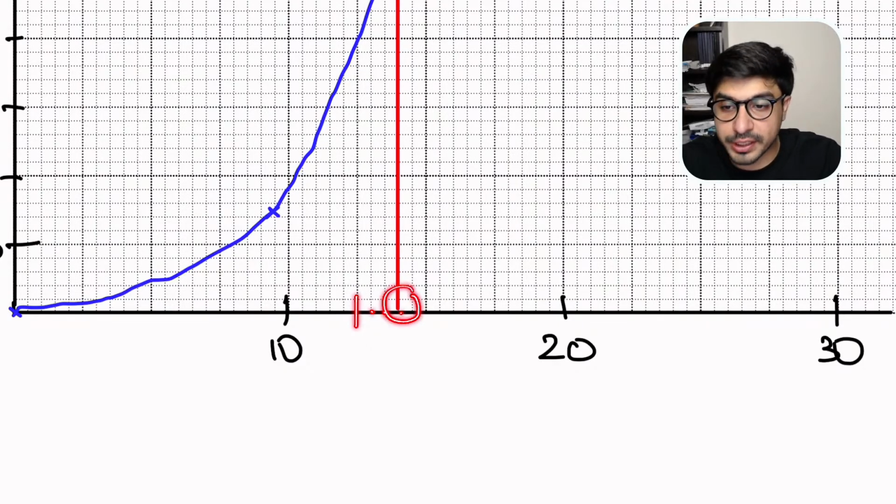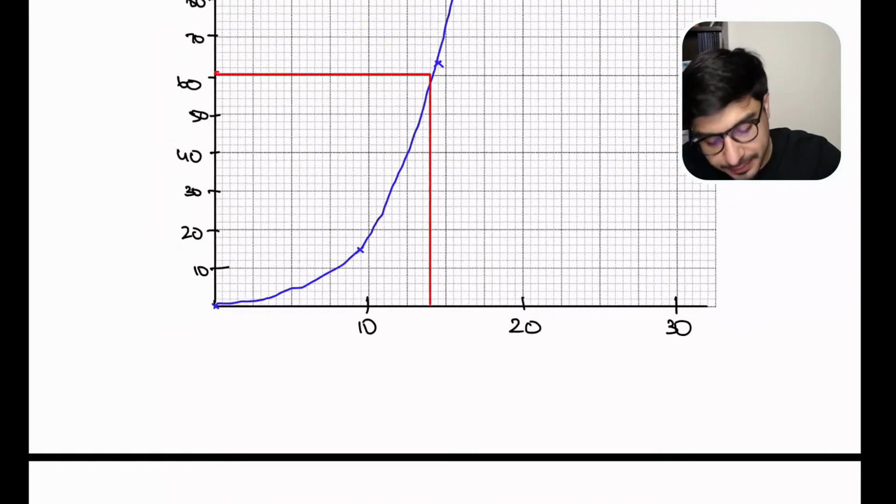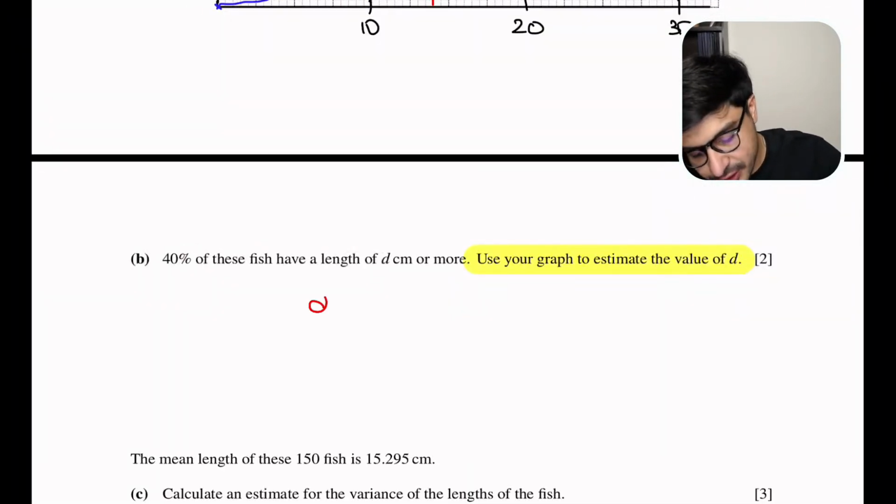So 14 is the length after which 40% of the fishes are going to be more than 14 till 30.5, right? So that means d is going to be 14.5, and that is it, right?